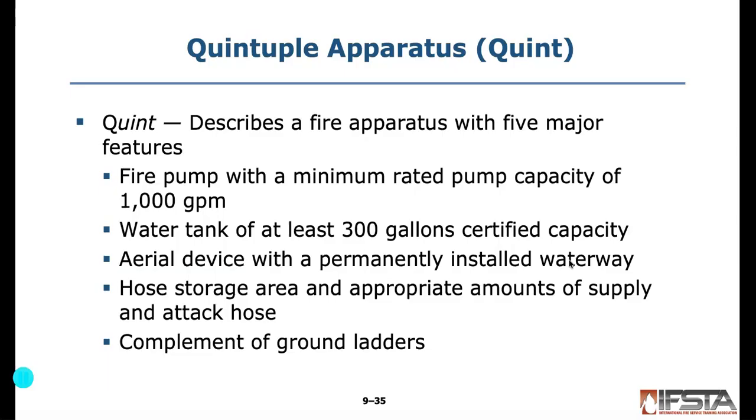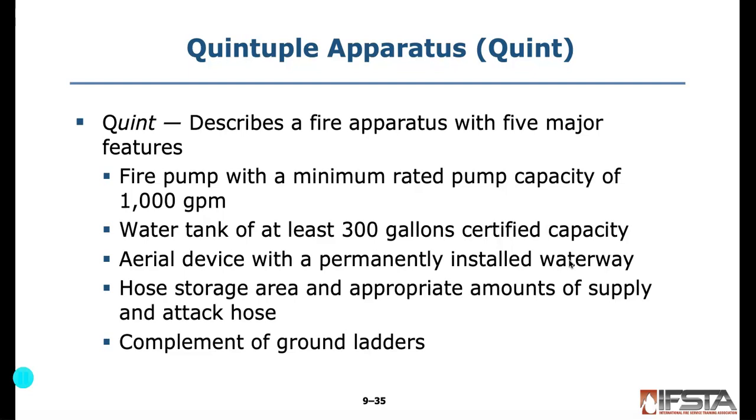A quint is essentially a combination of a pumper and a truck, where it's going to have water and it's going to have ground ladders. It's going to have a larger complement of ground ladders. You'll see those. I think City of Anaheim still uses several quints, or at one time they used quints.